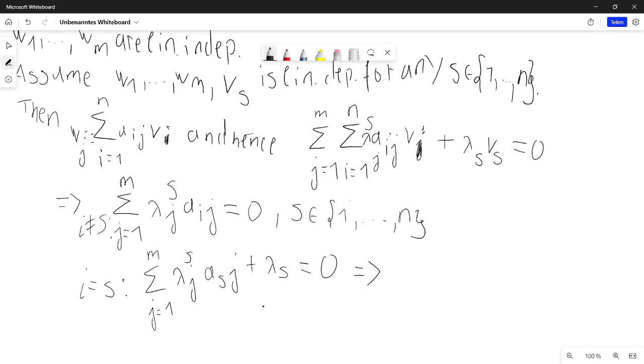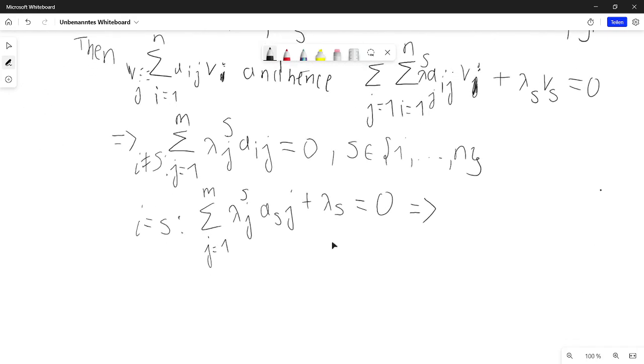And it turns out that you will arrive at a contradiction for linear dependence of m, but that doesn't seem to be the case. Okay.